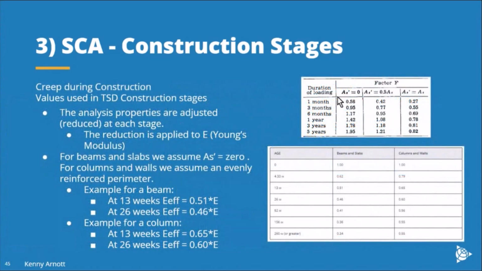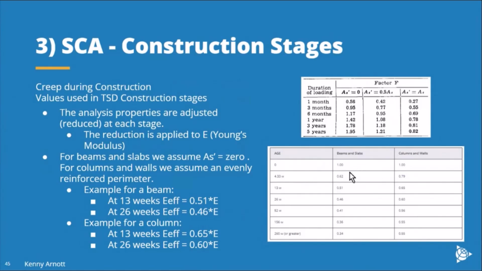So in TSD, what we do is we don't multiply up the results. We adjust the analysis model to be weaker, if you like, so that it does deflect more during the analysis. So taking these factors here, this is the adjustment factors that we apply in TSD during these construction stages.